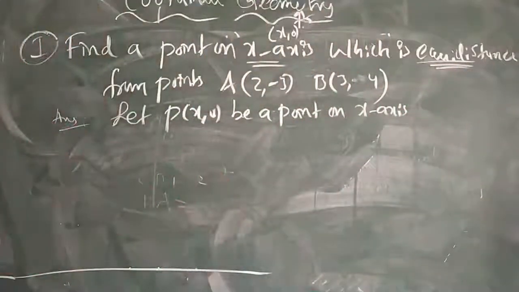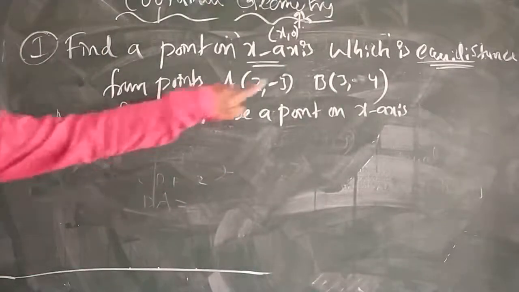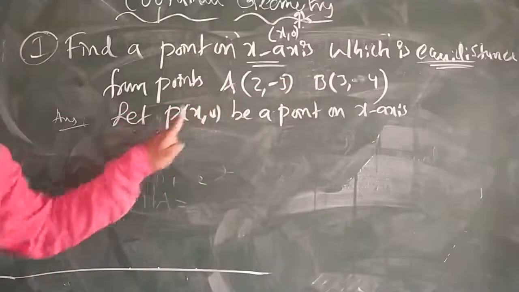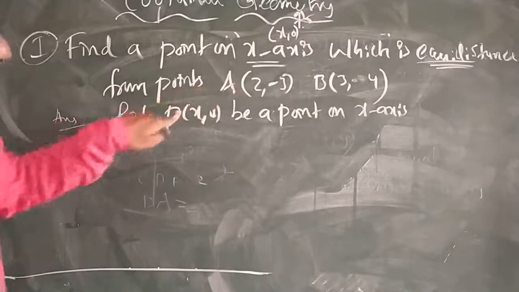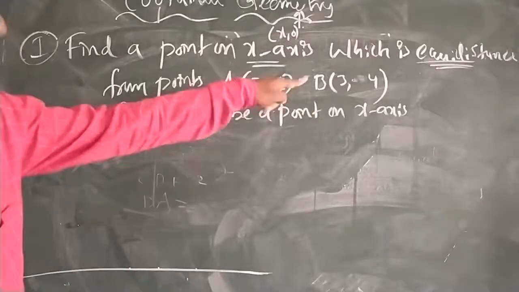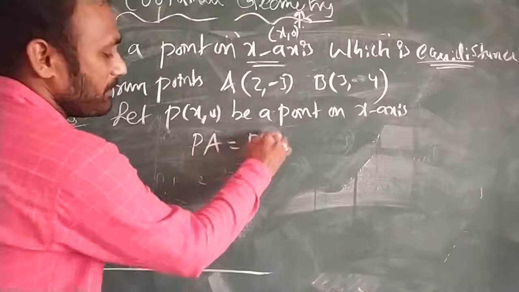Since he is saying the word equidistant, it means from this point P, PA how much distance is there, PB is also the same distance. That is the meaning of equidistant. So we are assuming some point P that is equidistant from A as well as from B. So I can write simply PA equals PB.